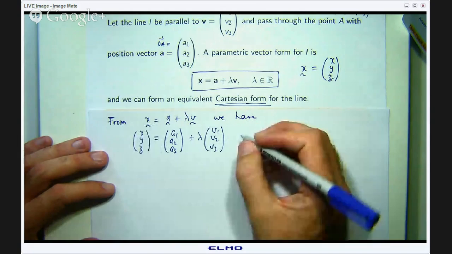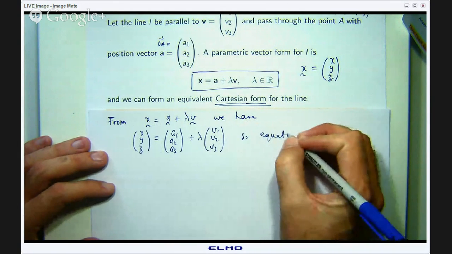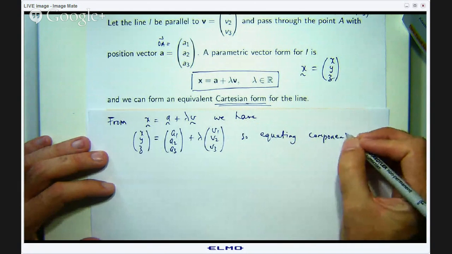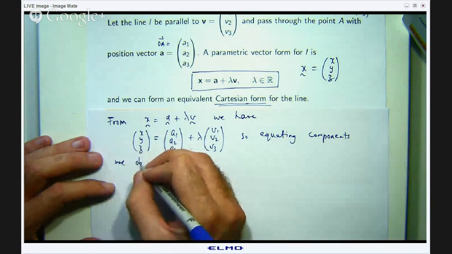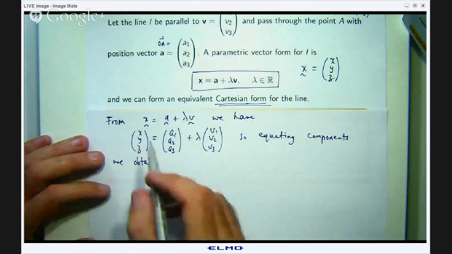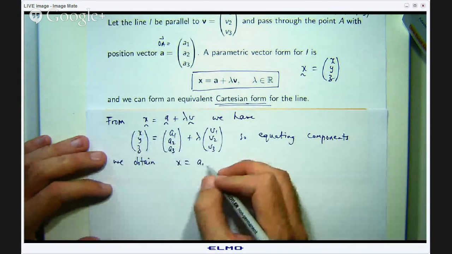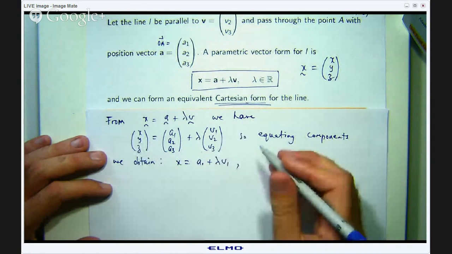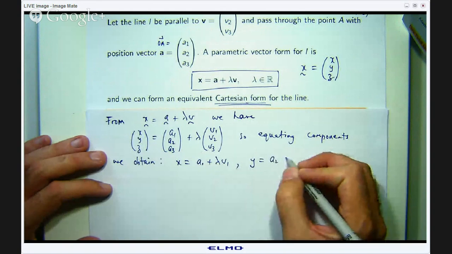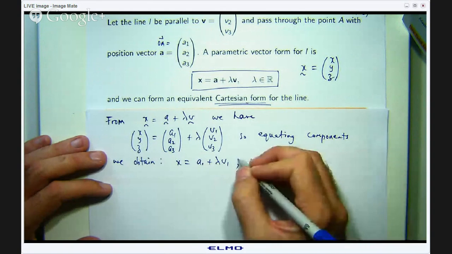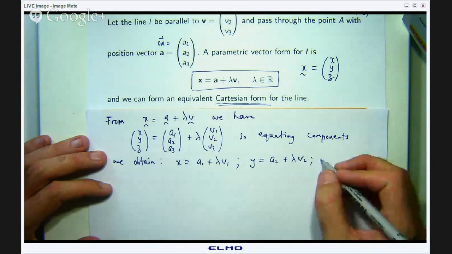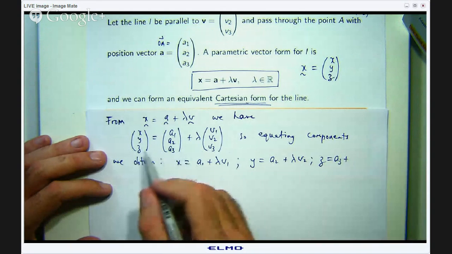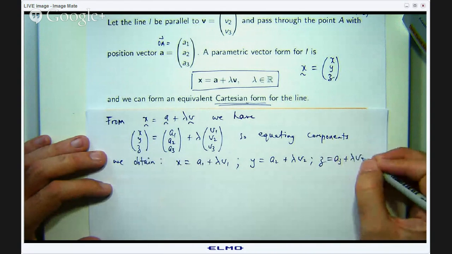So I can form 3 equations there. Okay, we obtain the following. So x is going to be a1 plus lambda v1. y is going to be a2 plus lambda v2. And z is going to be a3 plus lambda v3.